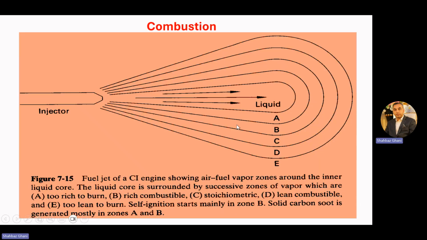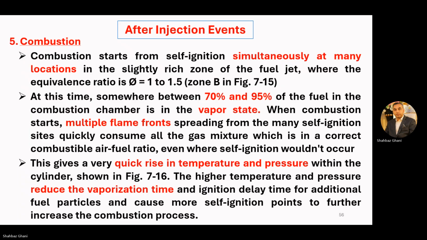So it may be here, it may be here, or it may be here, anywhere in the B zone. So combustion starts from self-ignition simultaneously at many locations in the slightly rich zone of the fuel jet, where the equivalence ratio phi is equal to 1 to 1.5, zone B.